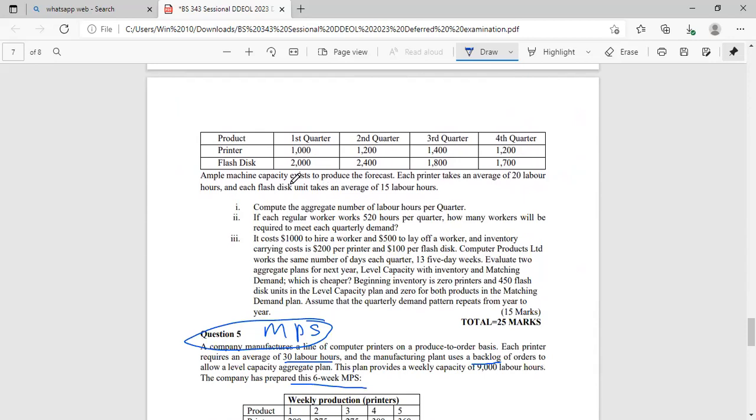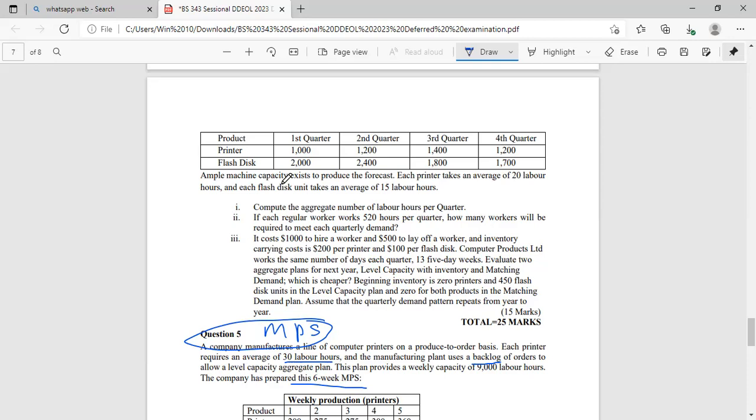So they are simply saying these are productions. Then we have quarter one, quarter two, quarter three, and quarter four. We have two products, the printer and the flash disk.